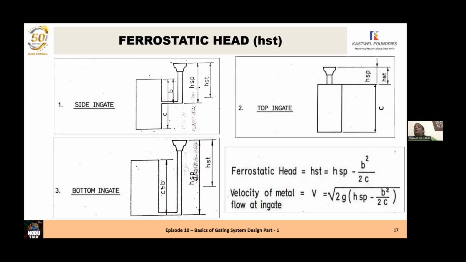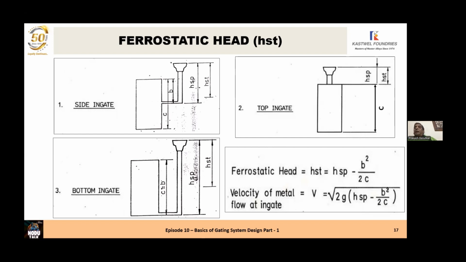B is the height of the casting in the cope, and C is the total height of the casting in the mold. The same thing is shown in figure 2, where the whole casting is in the drag. So height of the sprue is still the top of the pouring basin to the end of the sprue, and the height of the ferrostatic head is equal to the height of the sprue.